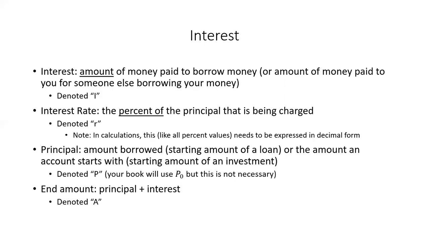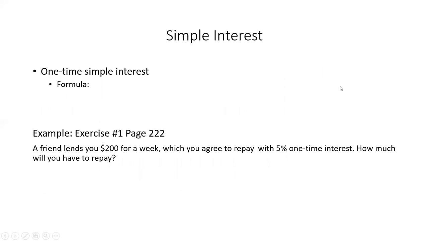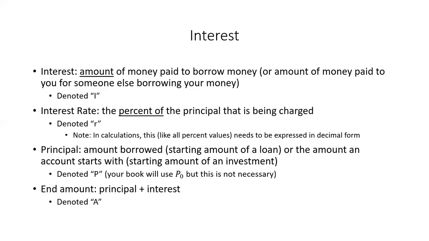So the principal is the amount borrowed. So it's the starting amount of a loan, or the amount an account starts with. So this is going to be denoted with a capital P. And you're going to see in the book, or online in the ebook, that they use P with a subscript of 0. We don't need to do that. It's okay if you just use a capital P, but just so you know, the notation is a little bit different.